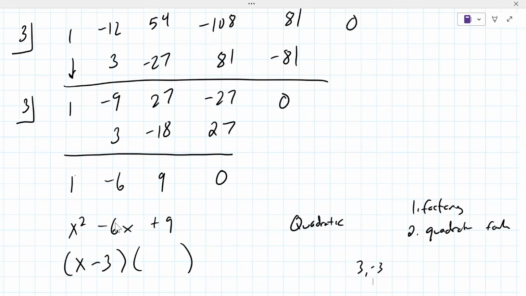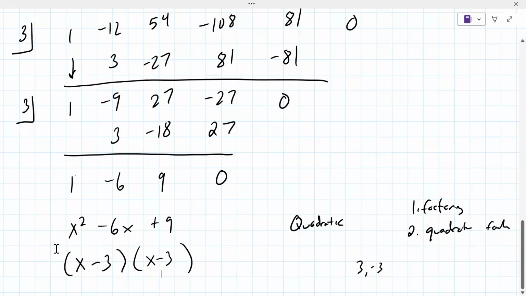X -3. Yeah. Also, this suggests that we should have kept going with 3. But I would sort of argue that once you get it down to a quadratic, you ought to try something else. Is that okay? Yes.